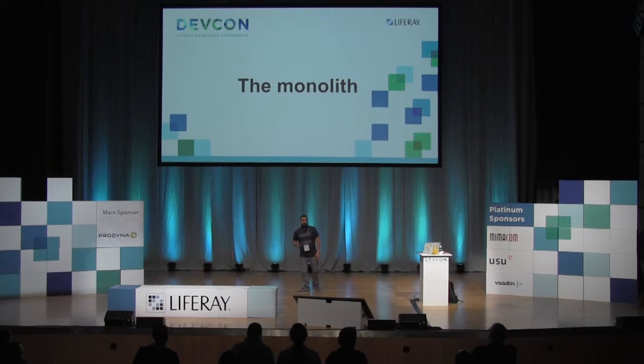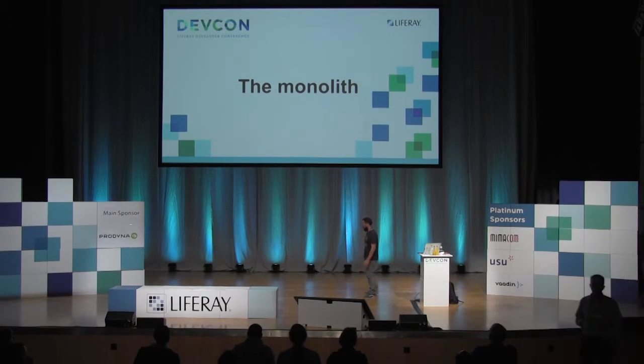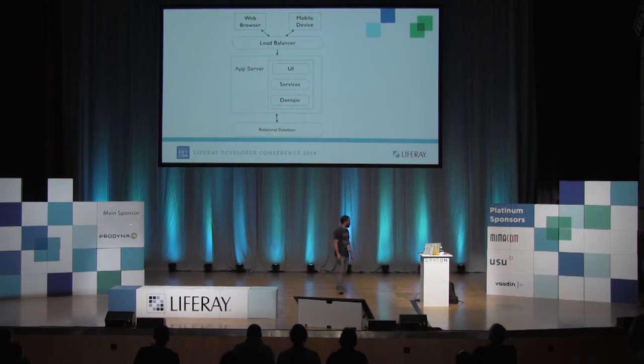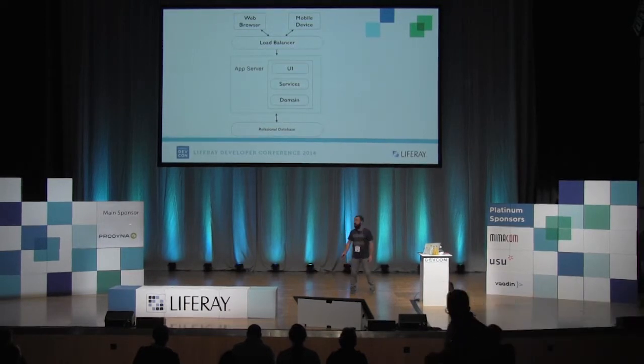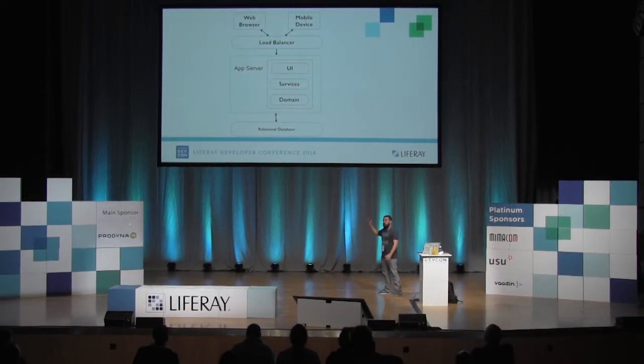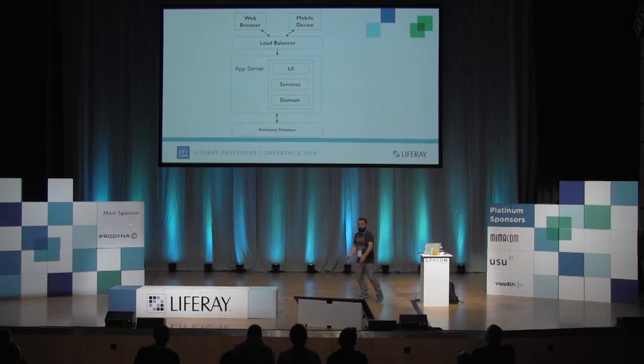The monolith. We have talked about modularity for a long, long time, for the last 2, 3, 4 years. We have been talking about modularity and the way we develop applications. And it has been done that way for many, many years. We have a regular database, like MySQL, Postgres, whatever. We have an app server, and I'm focusing only on the Java world, okay?